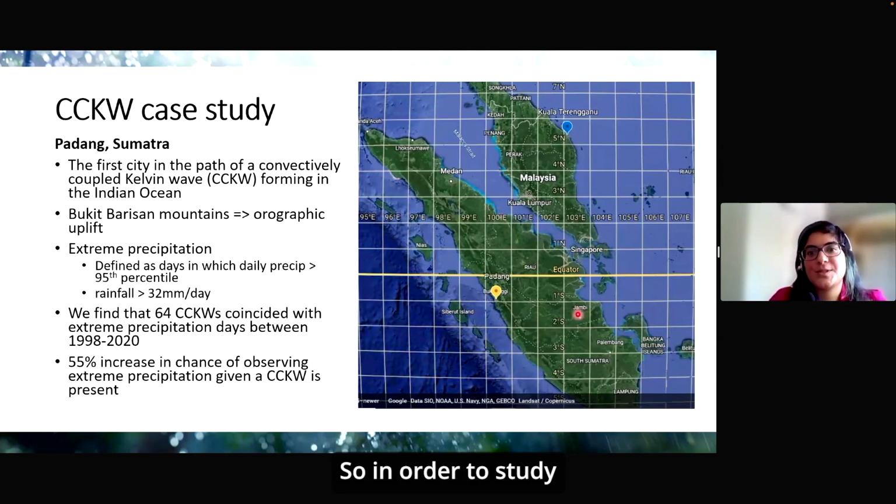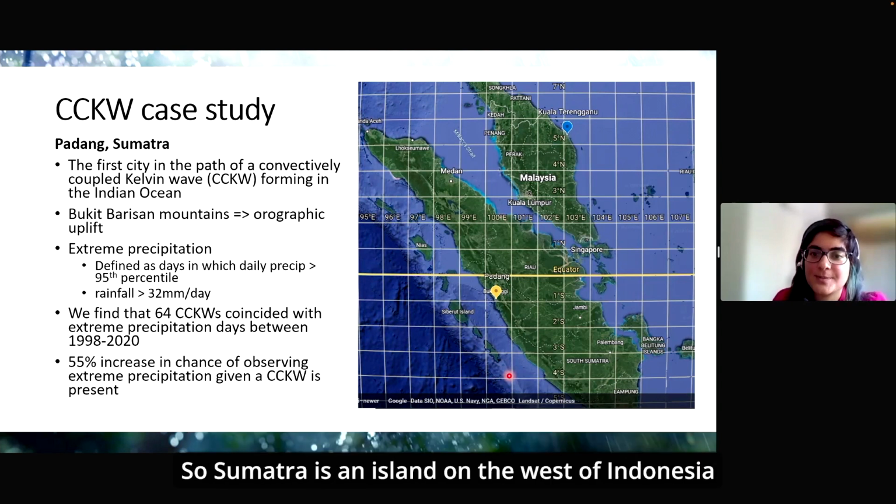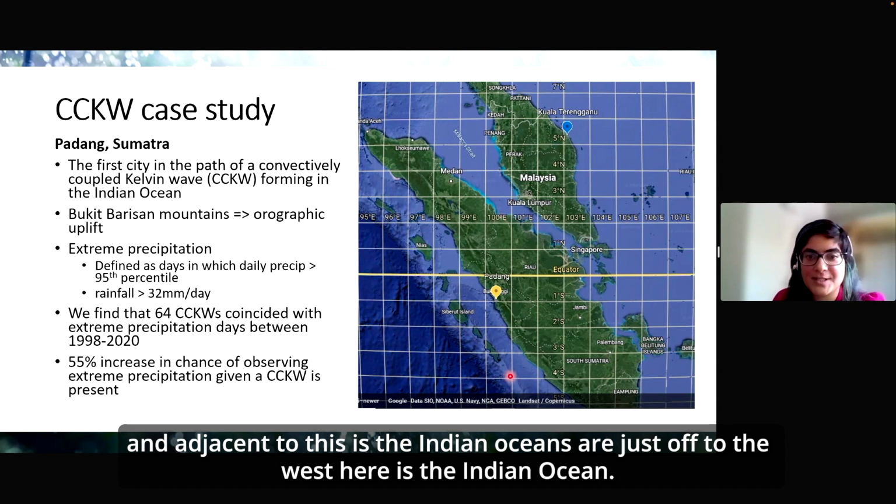So in order to study convectively coupled Kelvin waves, we're going to have a look at Padang, Sumatra. Sumatra is an island on the west of Indonesia, and adjacent to this is the Indian Ocean. So just off to the west here is the Indian Ocean.